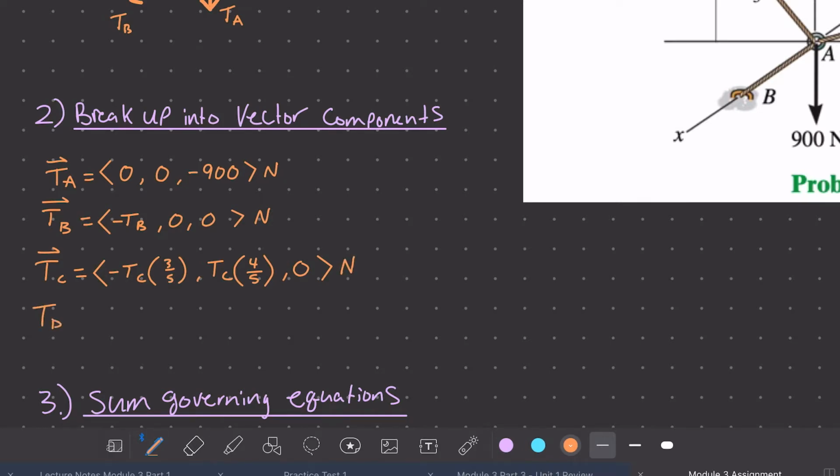For vector TD, the x component will be 0. The y component will be negative TD multiplied by 3/5. The z component will be TD multiplied by 4/5. And that will also be in newtons.